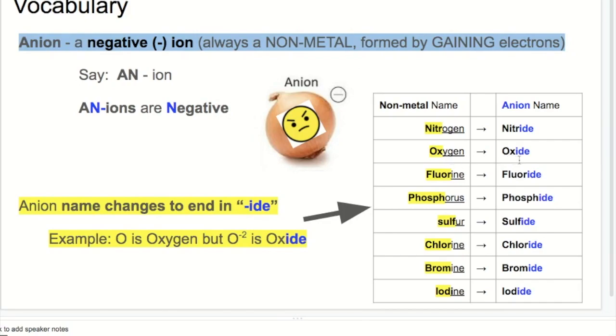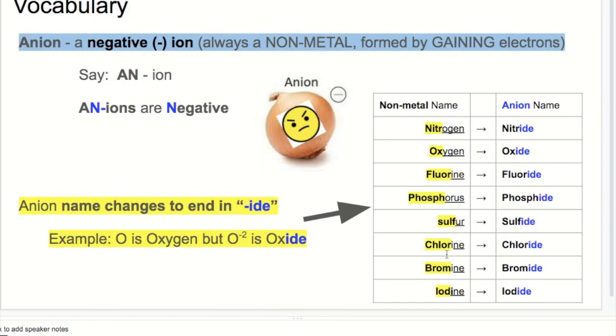Oxygen, oxide. Next one. Fluorine, fluoride. One more time. Fluorine, fluoride. Next one. Phosphorus, phosphide. Together, phosphorus, phosphide. Next, sulfur, sulfide. Together, sulfur, sulfide.